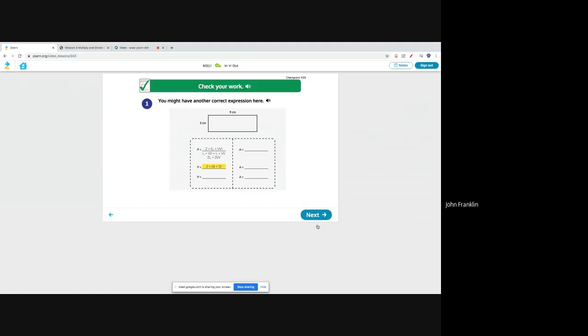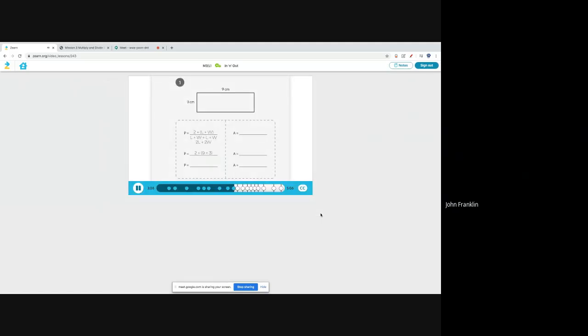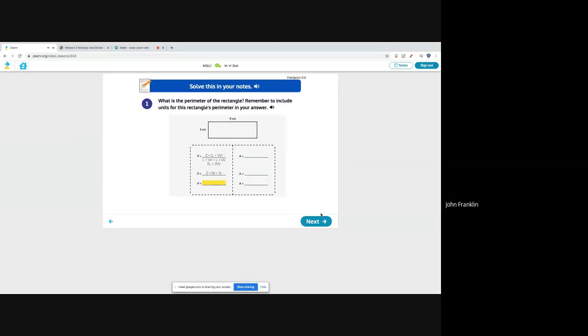Okay, they went with the first formula, which is 2 times length plus width, which is 9 plus 3. All right, so just following up, let's go ahead and solve what they did, and then we can solve what I did as well.